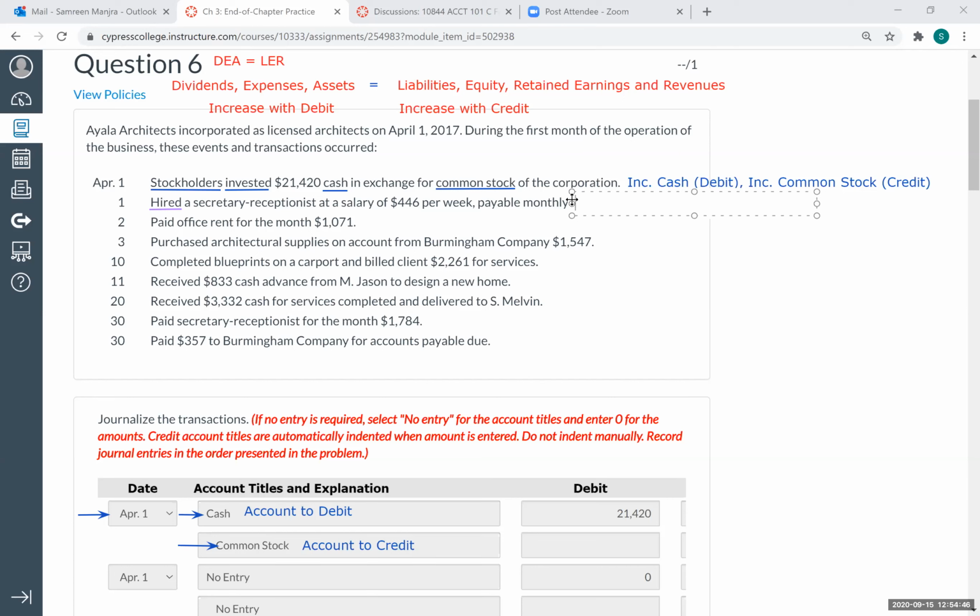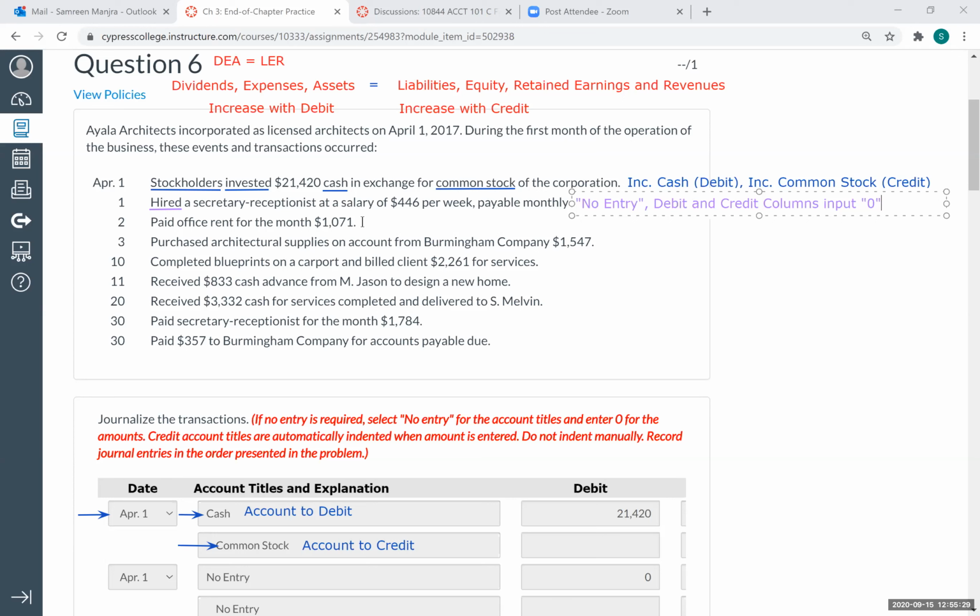Or when they do work, that's when we will record the salaries and wages expense. But at this point, because we've only hired the secretary, there's no entry. And in your problem, you can just type in no entry. And for the debit and credit columns, you're going to input 0 because there's no dollar impact at this point.